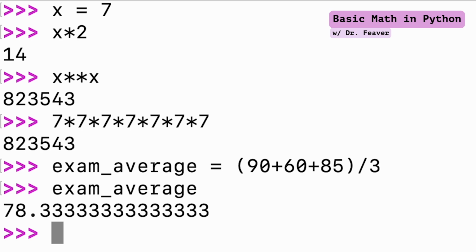So storing things in a variable can just give you a way to store it to use later without having to retype an entire expression. And it also makes your code much more readable, because if you're looking at your code and you see exam underscore average, you obviously know what that's referring to, whereas if you just see an expression like this, you don't necessarily know what it is referring to.